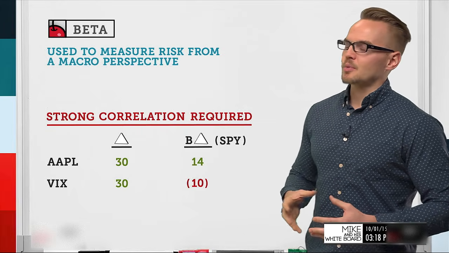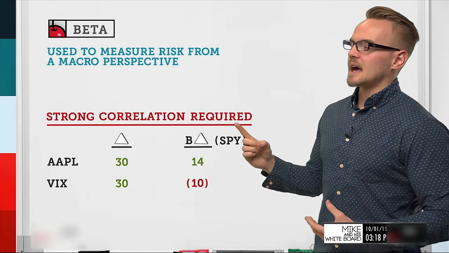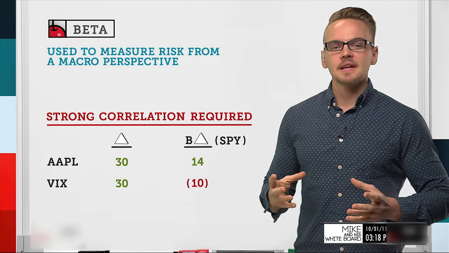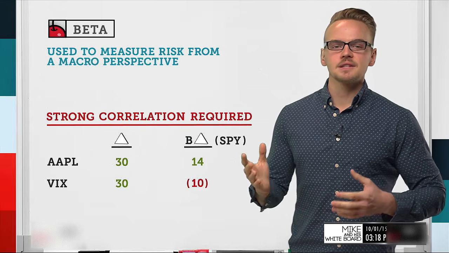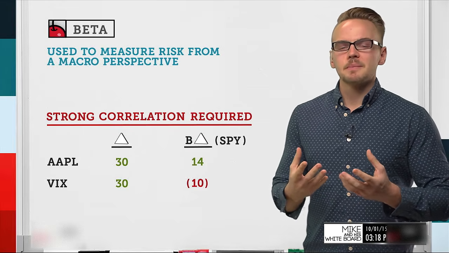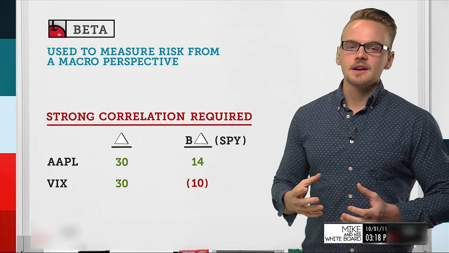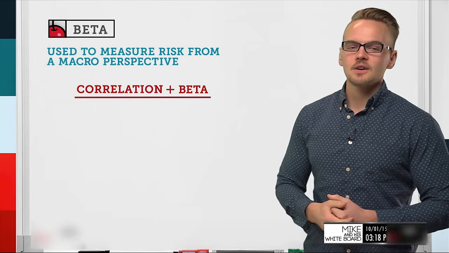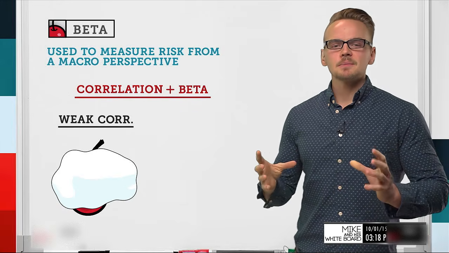So it's important that we have a strong correlation. Correlation is key when looking at beta because if I don't have a strong correlation, either positive or negative, then regardless of what the beta number is, it might not be very accurate. When we go to the next slide, we can clearly see what happens when I'm looking at something with a weak correlation, where it's going to be pretty foggy.